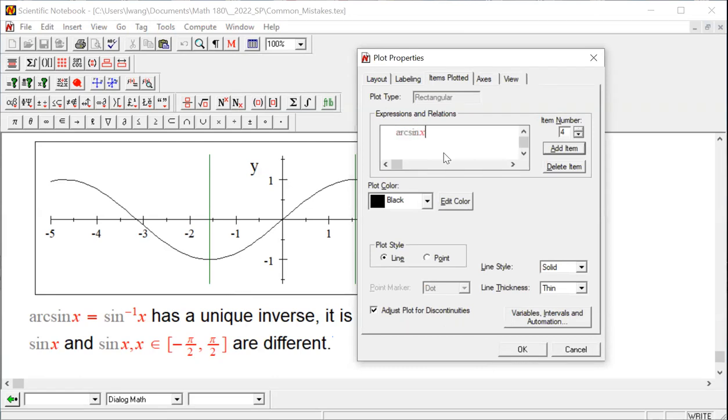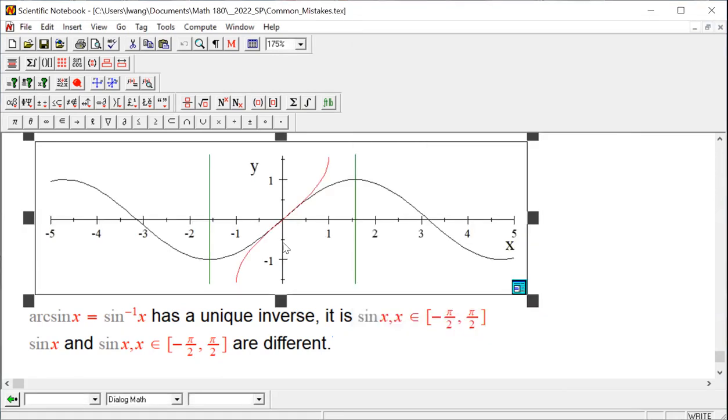So arcsine, I'm going to draw and make it red. This red piece and the green piece, the green piece is that function, otherwise specified.